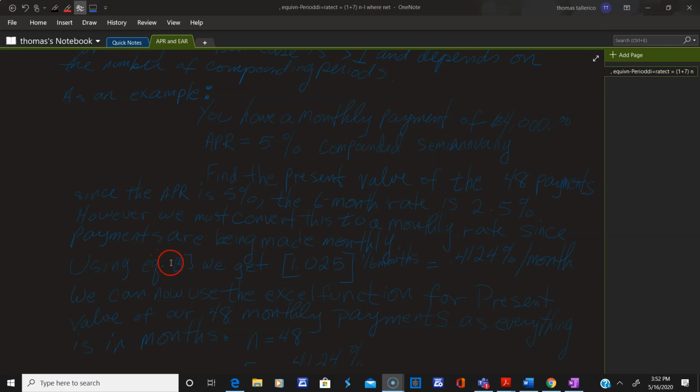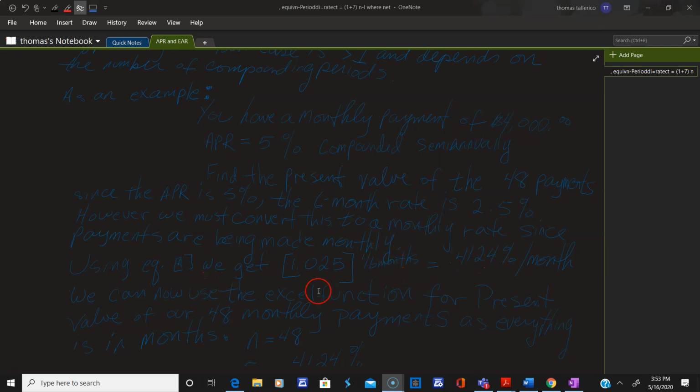So using equation A, we get 1.025 to the 1 over 6, okay? Because this is a 6-month rate, and we've got to get it to a 1-month rate. So you see I put a 6 here. And it comes out to 0.4124% a month, okay?